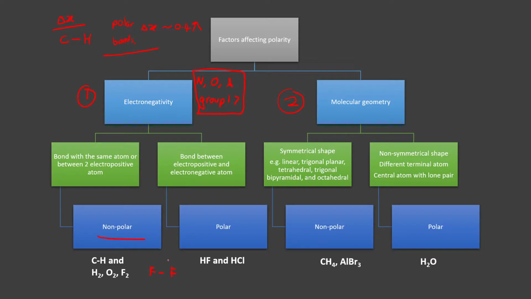Okay. As you know, fluorine is the most electronegative atom. Okay, the most electronegative. Around 4 value this. Value electronegativity dia. Tapi, now dia bonded with also fluorine. So, their electronegativity will cancel out and this will be non-polar. Even though they're very electronegative.